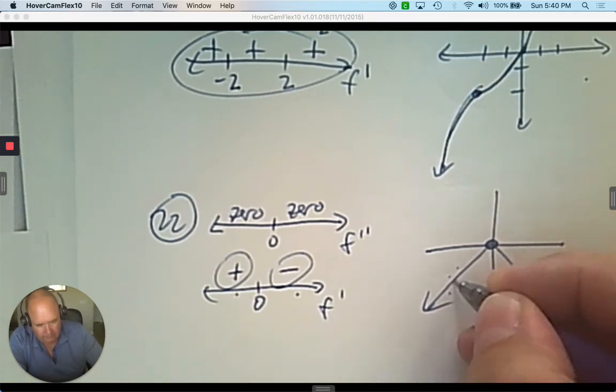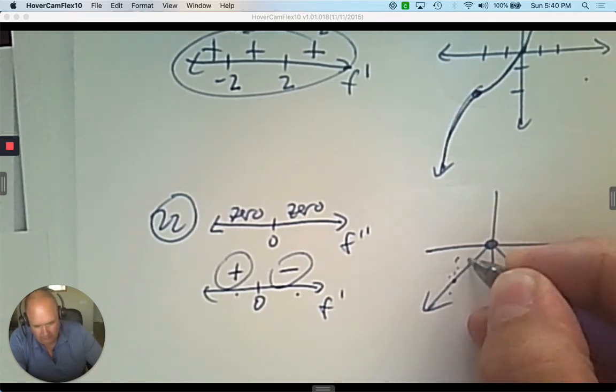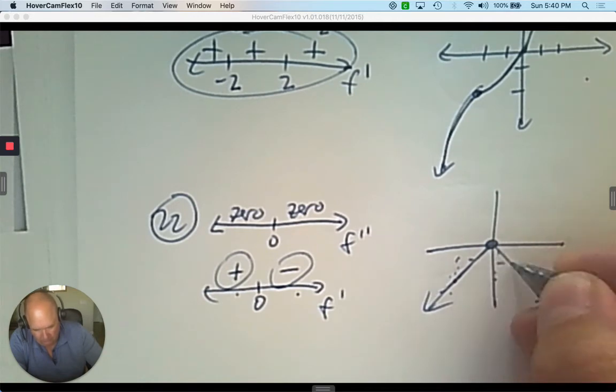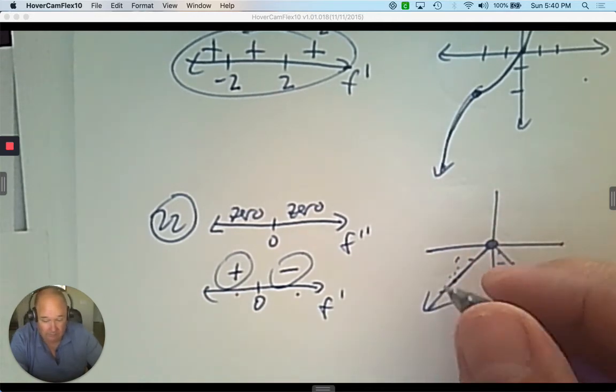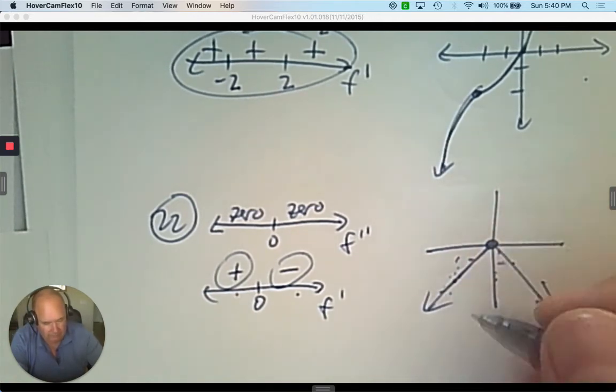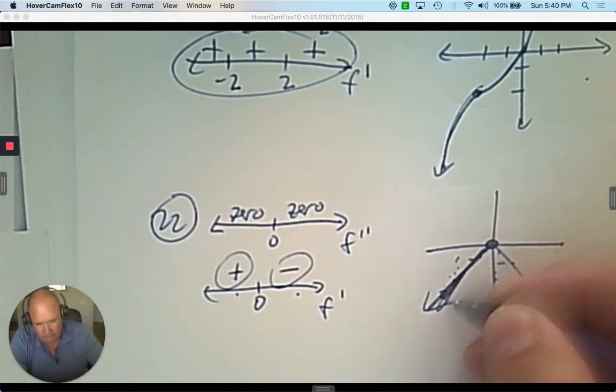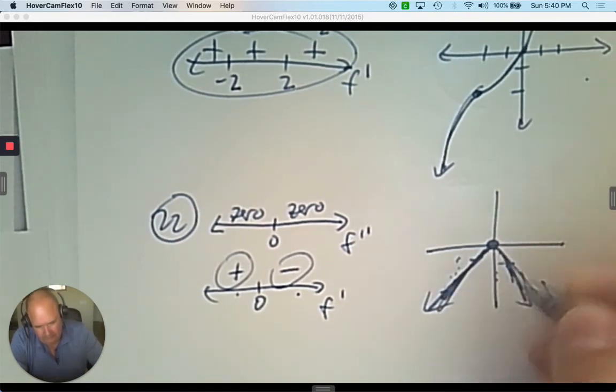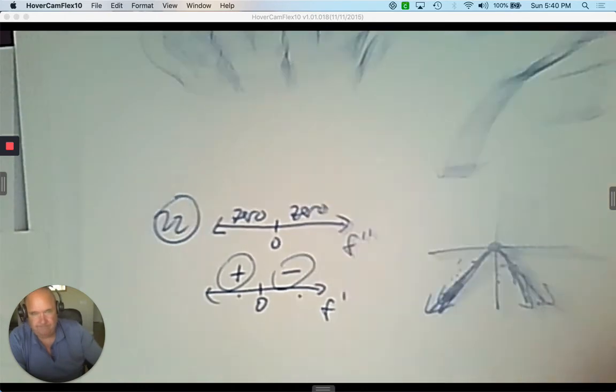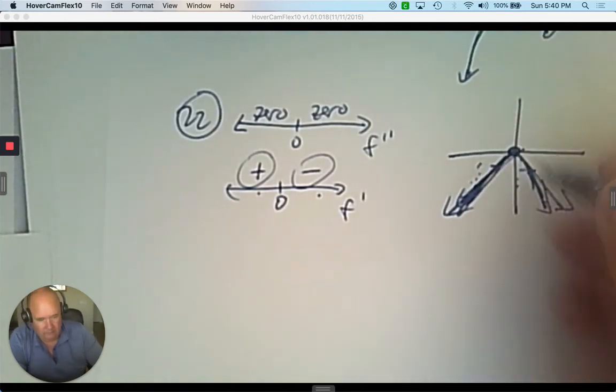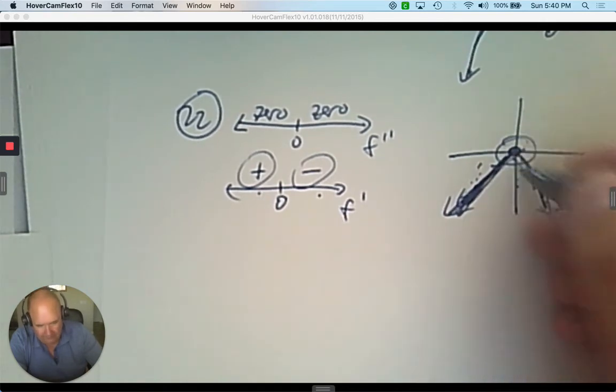So this one would be like up 2 over 1. This would be down 2 and over 1. So looking off the graph, the +2 tells me the slope of this is +2, so it's a little skinnier, and -2 than that. But you can tell it increases, decreasing, and then the derivative doesn't exist, and there's no concavity when they're lines.